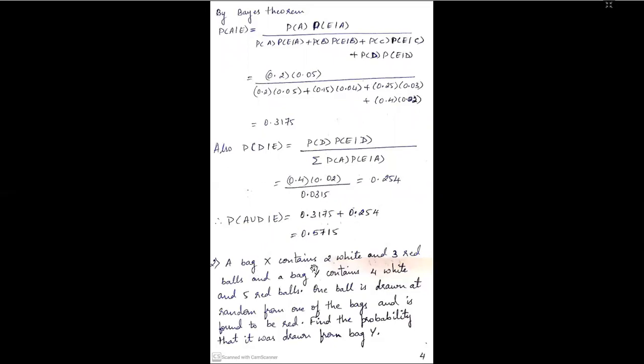A bag X contains 2 white and 3 red balls and a bag Y contains 4 white and 5 red balls. One ball is drawn at random from one of the bags and is found to be red.